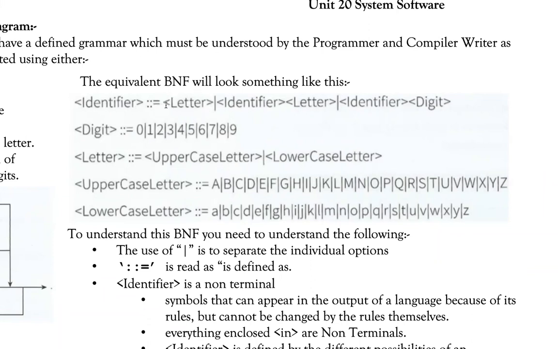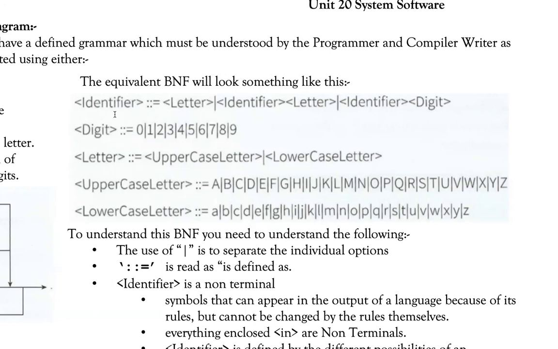As you can see here, letter itself is a non-terminal, which means that there should be a further definition of what a letter exactly is, because it's a non-terminal. If it was a terminal, it would no longer require any further definition. That value is to be treated as it is. But since it is a non-terminal, we have to elaborate on what that value really is.